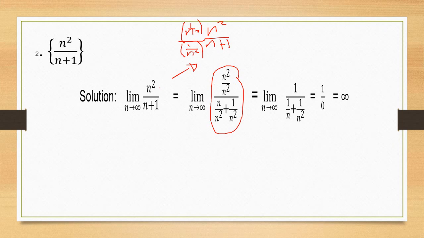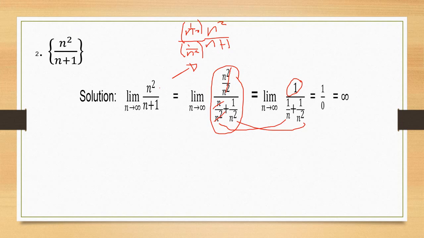And so this one is equal to 1. For this one, we have 1 over n, because we cancel out 1 n, and this one will remain 1 over n squared.